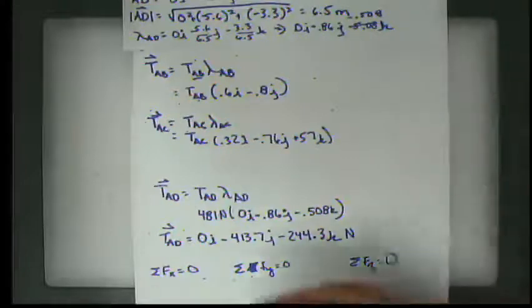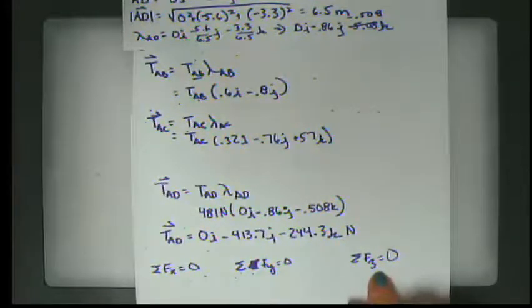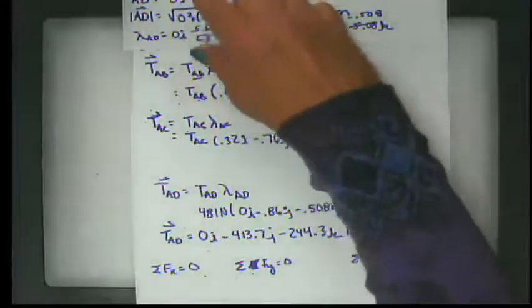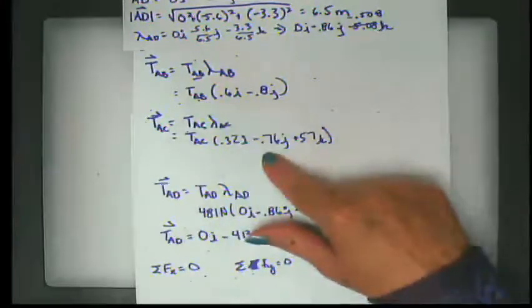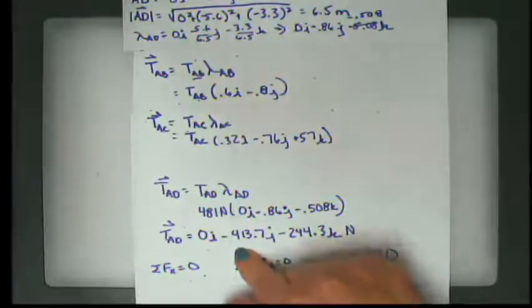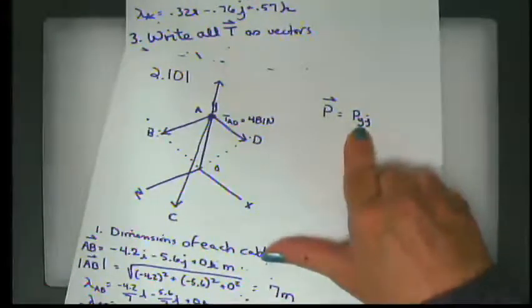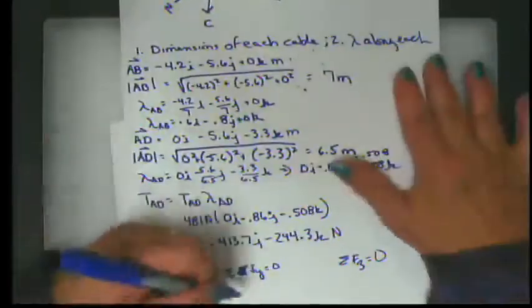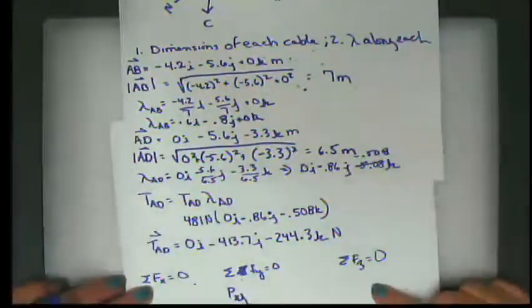As long as it's stable, these three conditions have to be met. So we need to go back to our vectors, tension AB, tension AC, tension AD, and also that pull, and break them into components. The pull only has a j component, or piece of y. There's no x or z because it's vertical.